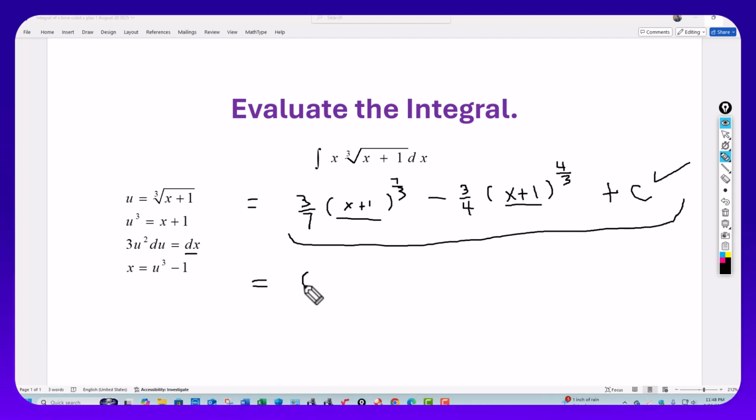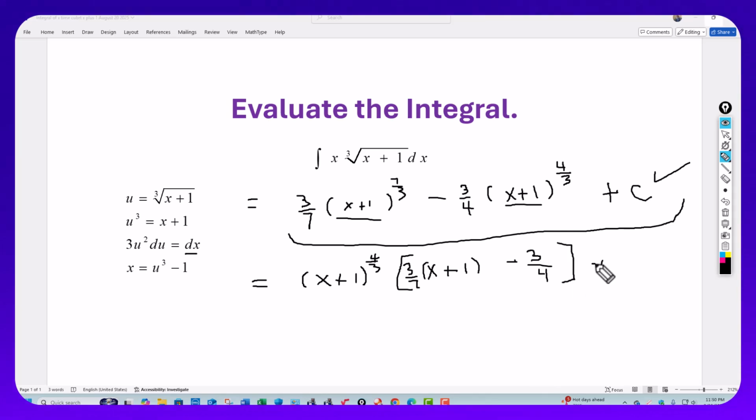So I'm going to factor out first an x plus 1 to the 4/3 power. If I take out x plus 1 to the first power from this first term here, that just leaves me with x plus 1. And I still have the 3 over 7 here for now. Here I took out the x plus 1 to the 4/3 power, so this leaves me with minus 3 over 4.